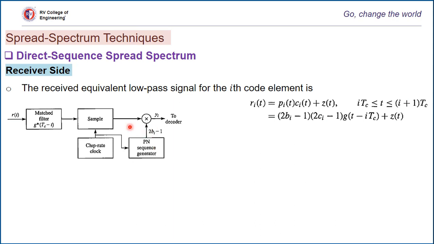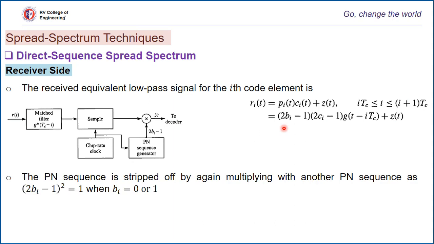We know that by multiplying Ri of t, which is the sampled output of the matched filter, again with 2Bi minus 1, the product of 2Bi minus 1 and 2Bi minus 1 will be 2Bi minus 1 the whole square. Whether Bi is 0 or 1, this will be 1, so the effect of the PN sequence on the received coded bits can be removed very easily.